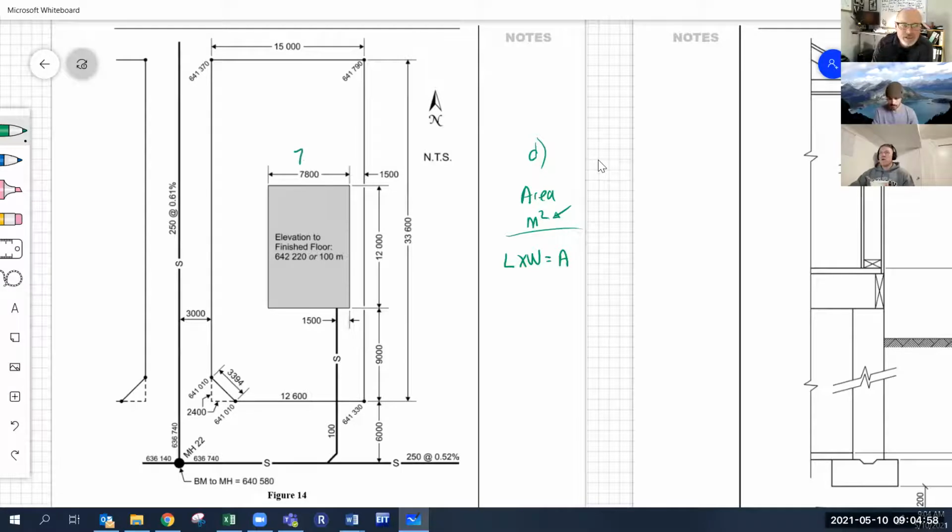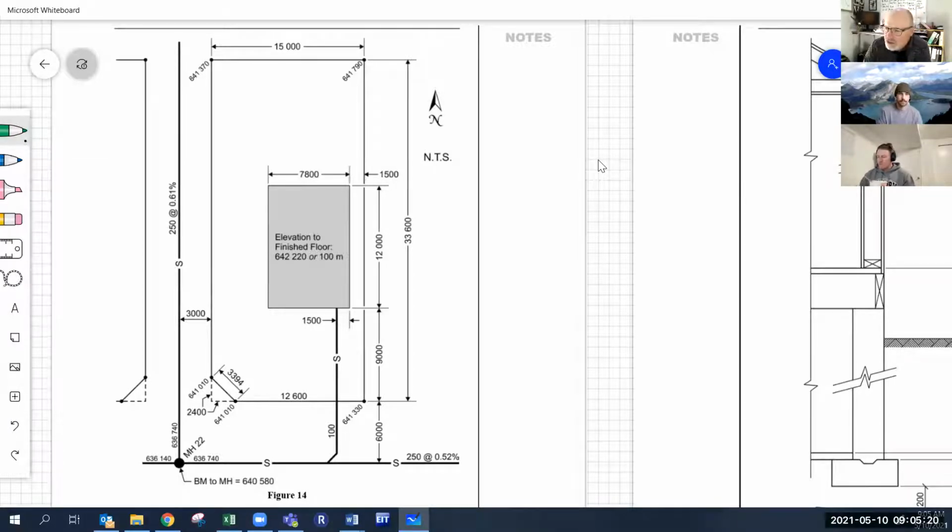So really, it's going to be 7.8 meters times 12 meters. Yes. Everybody get 93.6 meters squared as the area of the house. All right, we got that. That's excellent. Let's look at the next question here.